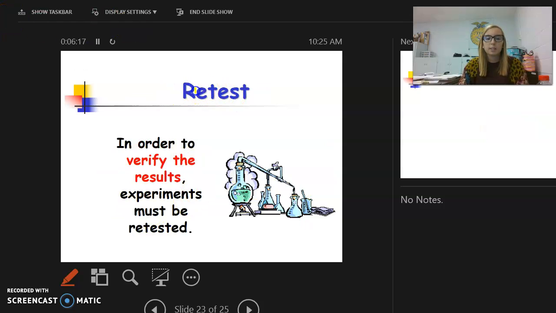For your retest, you should always retest to verify the results of the experiment, to make sure that you didn't make a mistake, or to see if that's still the fastest route for you to take home. That is your retest. That's why you need to retest.